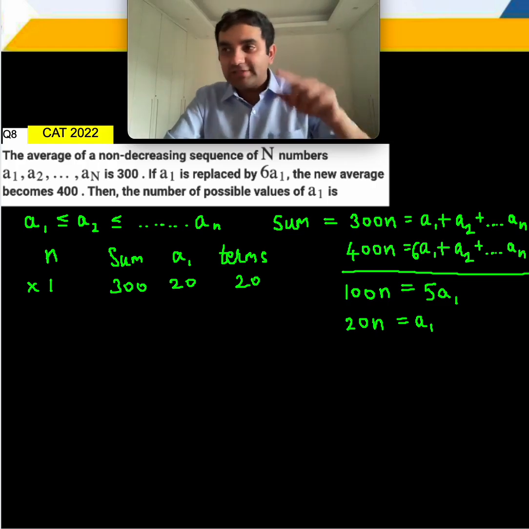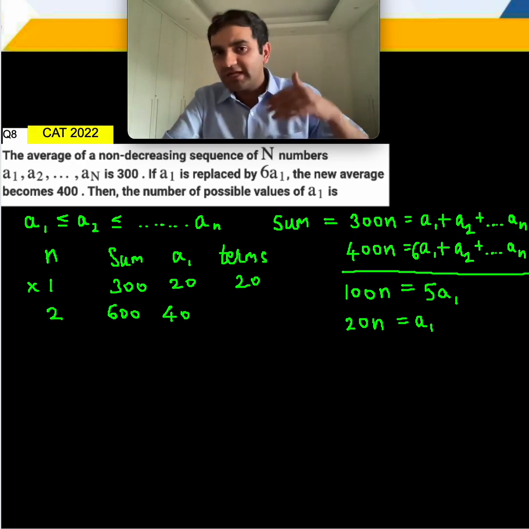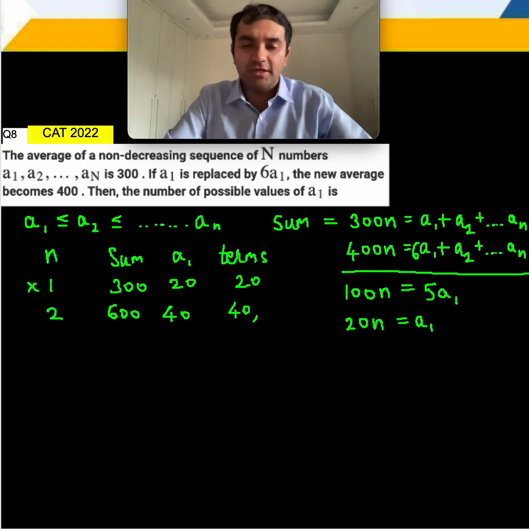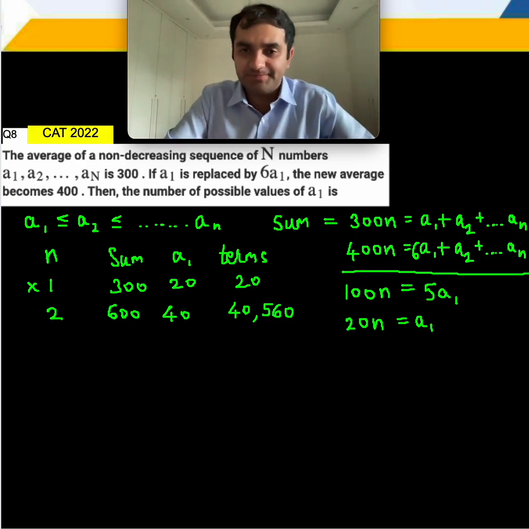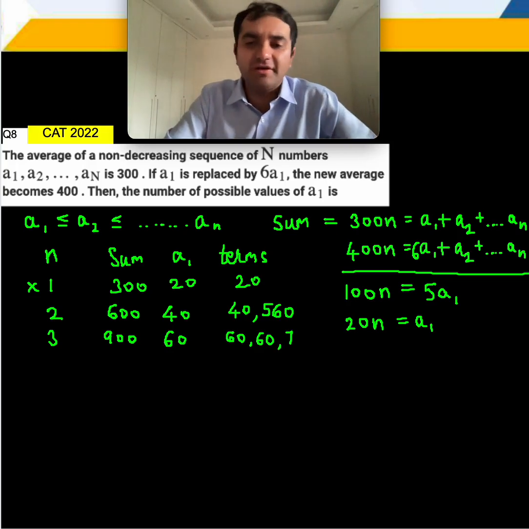But as soon as you now have two terms, the sum becomes 600, 300 into 2. The first term is 20n, 20 into 2, that's 40. So your terms can be 40 and 560. Similarly, if you have three terms, the sum will be 900, the first term will become 60 and your terms can be 60, 60 and 780.